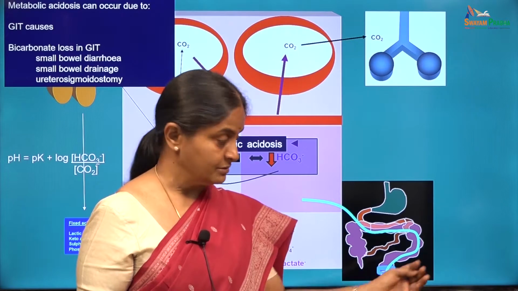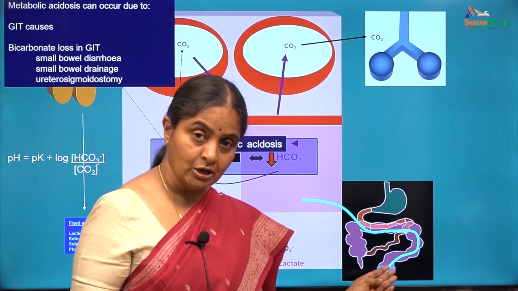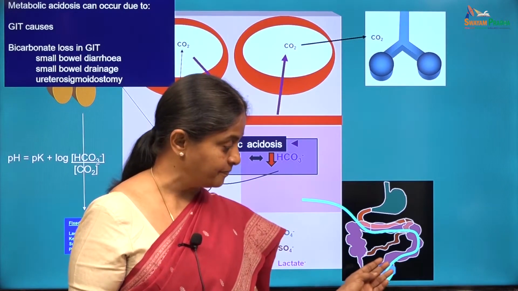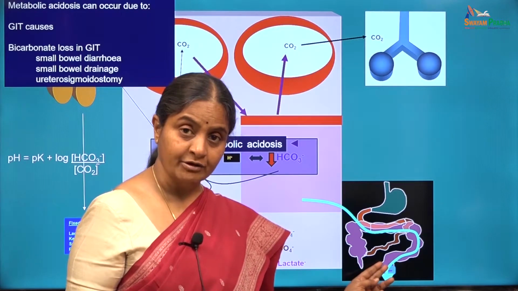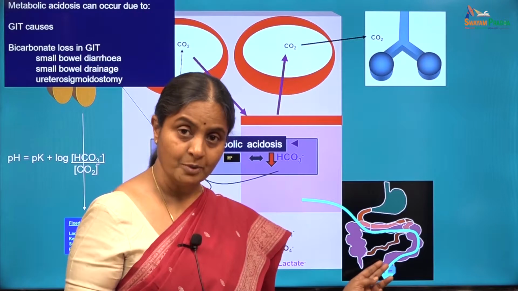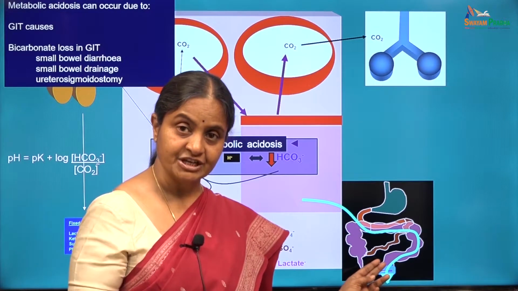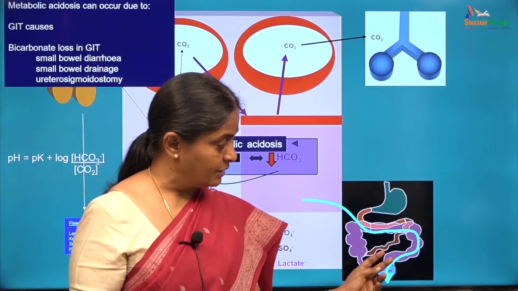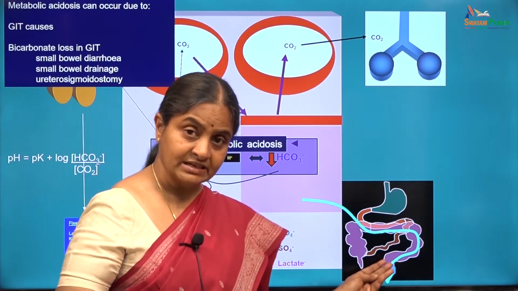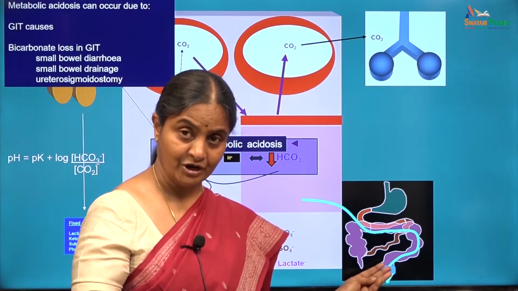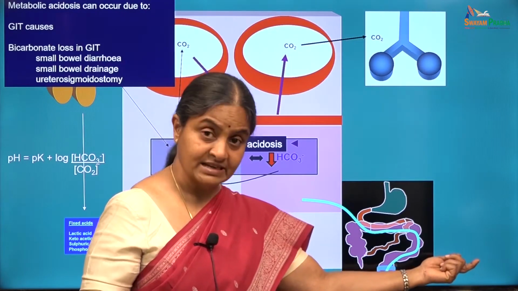In this condition, the urine being a chloride rich fluid, the intestine has anion exchanges which would absorb chloride in exchange for bicarbonate. But here we are giving chlorides that are to be removed from the body, chlorides that are to be excreted.